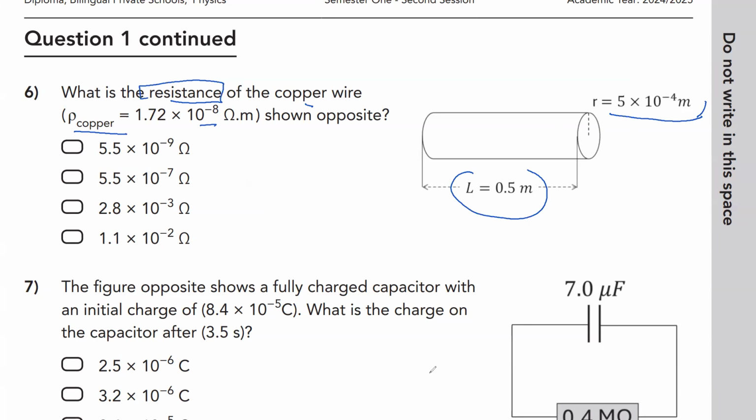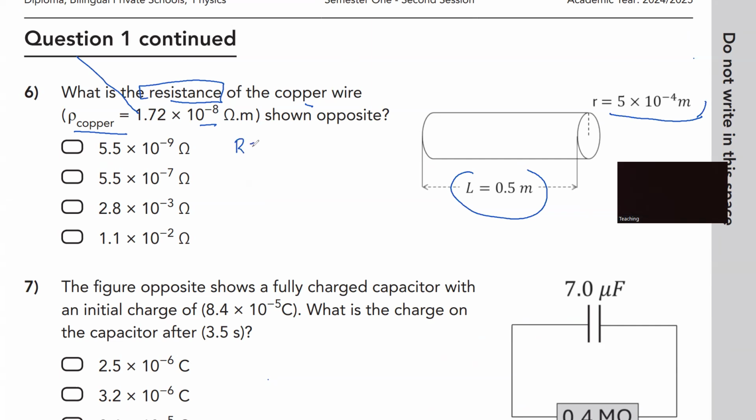So how can we solve this? We know the formula that R is equal to rho L divided by A. We just put in the values and you can get the answer.